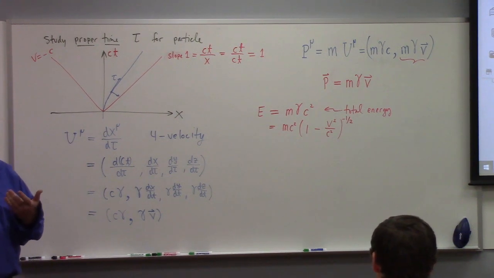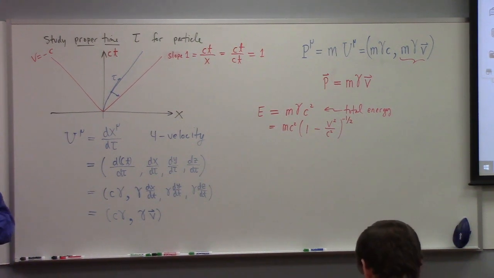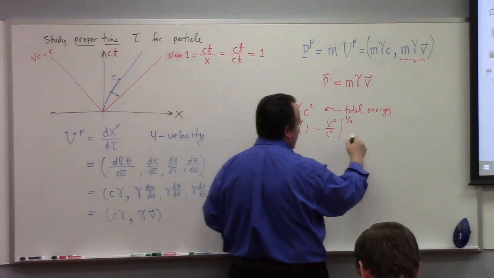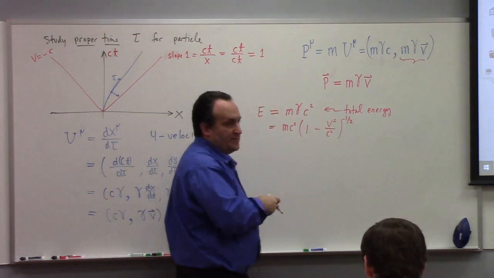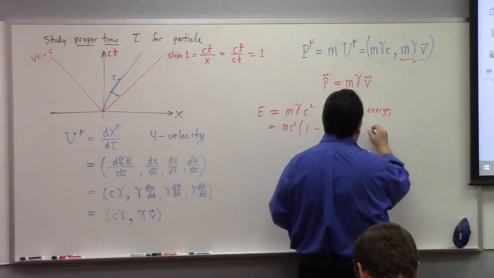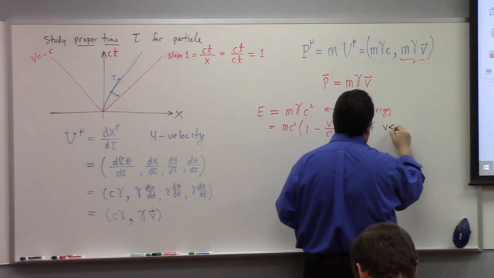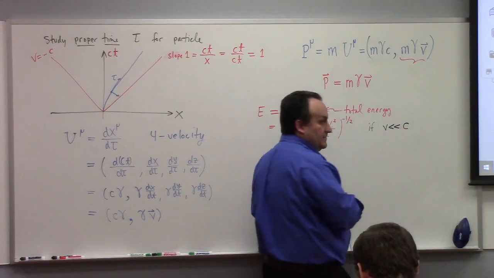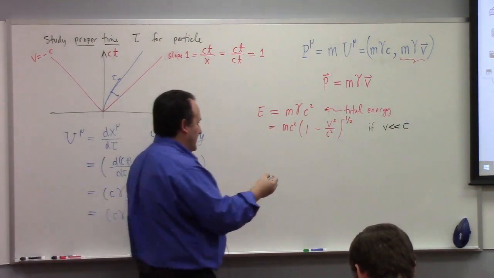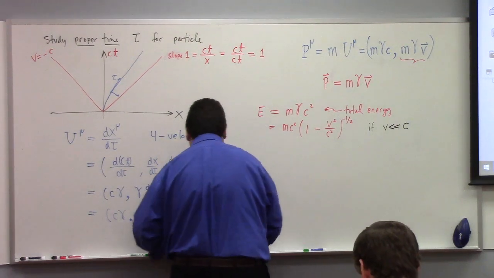In a couple of weeks, we'll derive something called the binomial series, and it will tell you that we can expand this, provided v over c is small. So if v is much, much less than c, that makes v squared over c squared tiny, and that makes the following a really good approximation.